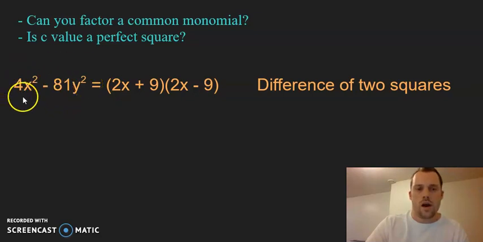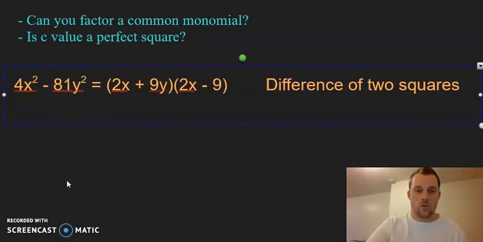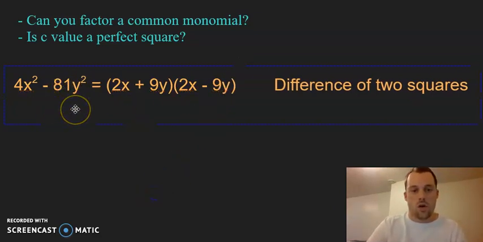We just think about how this is an x squared, so the first term in each binomial, in each of our factors, is an x, because x times x gives us x squared. Apply that same concept here: y times y would give us y squared, and we did 9 times 9 to get 81. Now this is in the same term, so if we do 9y times negative 9y, that's going to give us negative 81y squared. So just some variations there with that difference of two squares example.